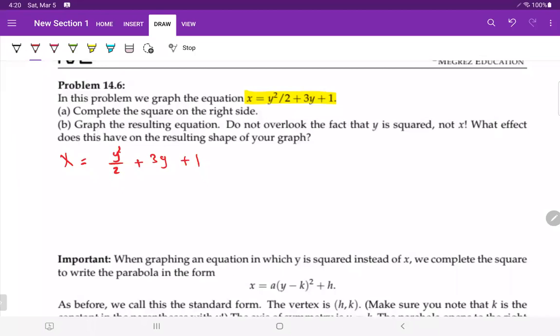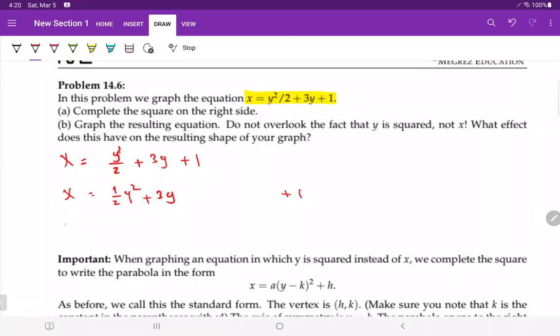Now, I'm going to complete the square. So the first step is take this guy away, right? And we are going to pull, again, I told you, don't write it like this, okay? Then we're gonna pull the half out because the coefficient has to be 1 for the y squared.